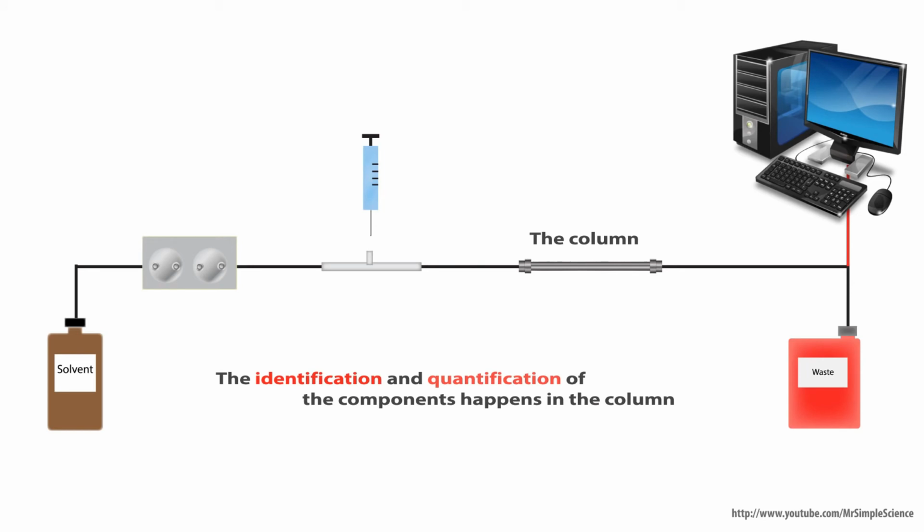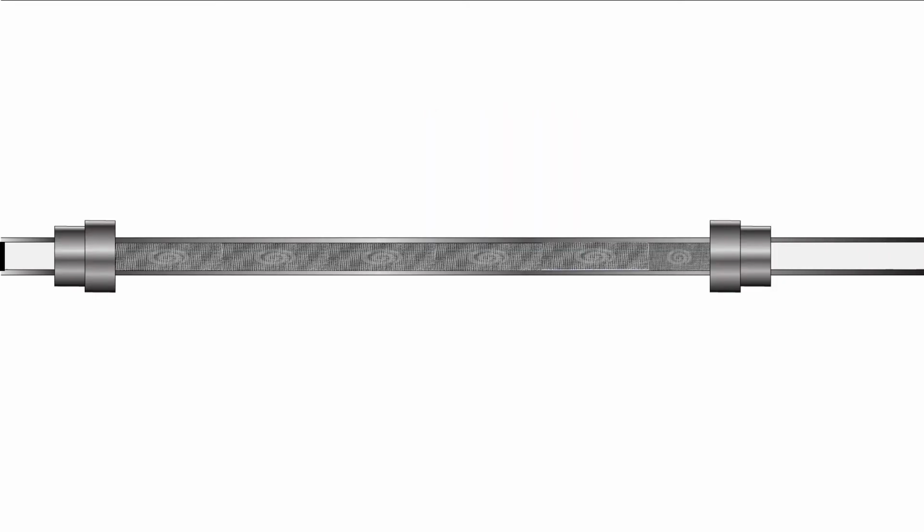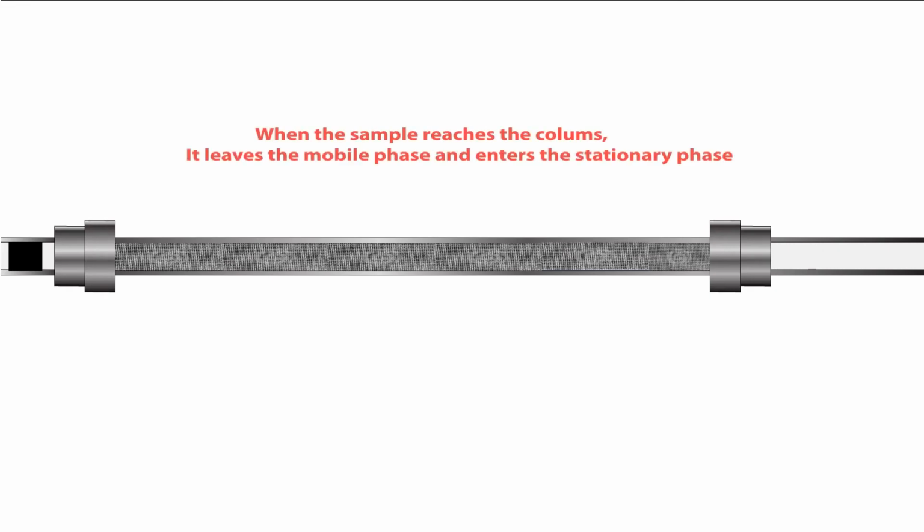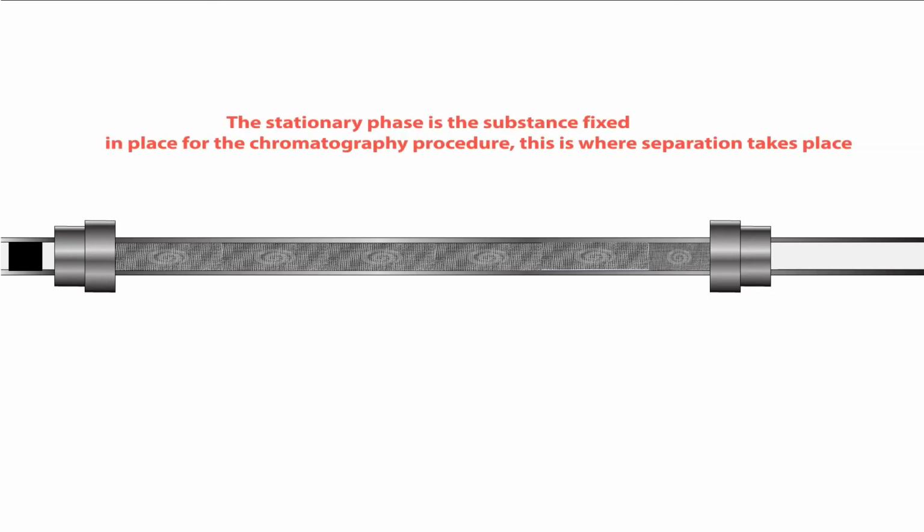The identification and quantification of the components happens in the column. As we can see, the sample is in the mobile phase. So when the sample reaches the column, it leaves the mobile phase and enters the stationary phase. The stationary phase is the substance fixed in place for the chromatography procedure.